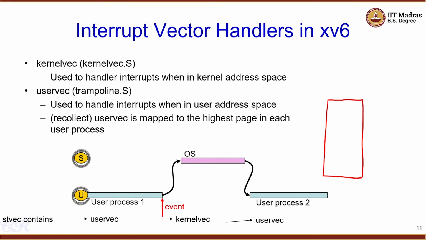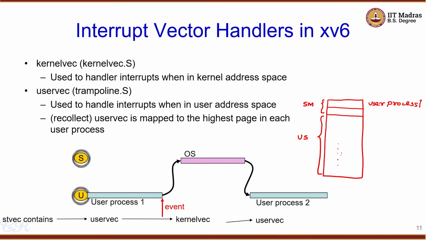So, we have user process 1, and within that user process 1 we have the trap frame and the trampoline, which is right at the top of the virtual address space, and at the lower addresses you have the user mode code, user space code. All of this is accessible from the user mode, and the trampoline and trap frame are accessed from the supervisor mode.